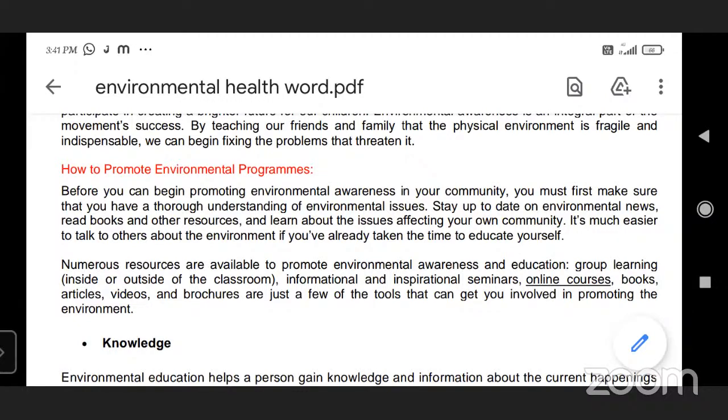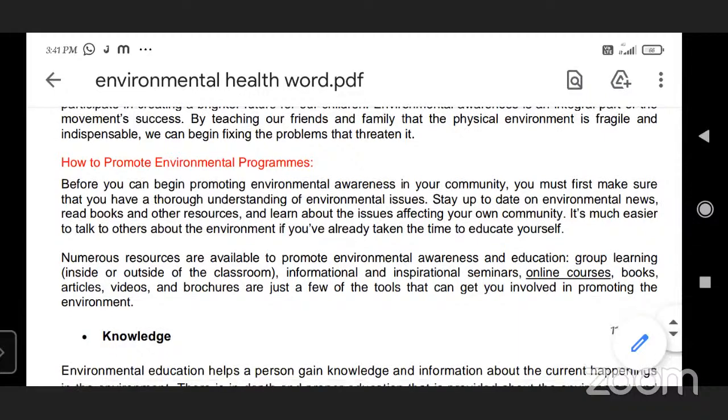So these are the ways: online classes, reading books, group learning inside and outside of the classroom, articles, videos, brochures and pamphlets. All these are ways to make people aware.